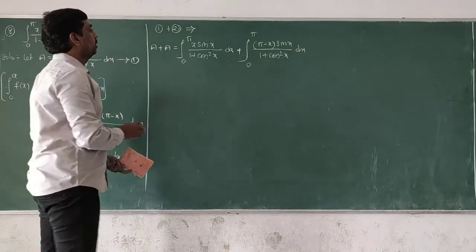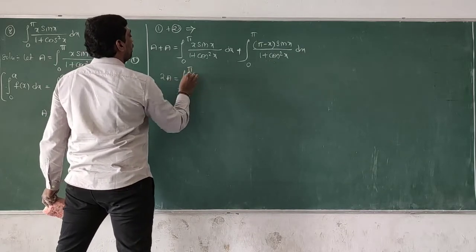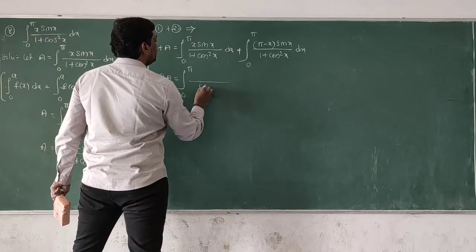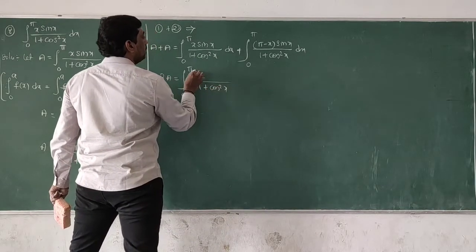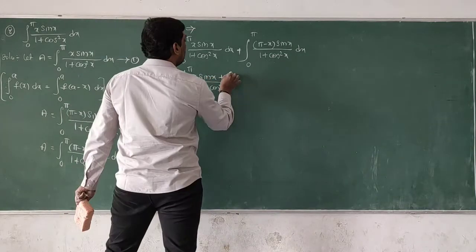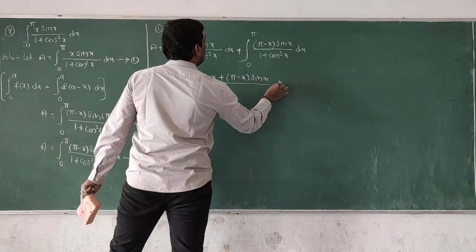Now A plus A equals 2A. Limits are equal and denominators are also equal, so just add the numerators: x sin x plus pi minus x into sin x dx.